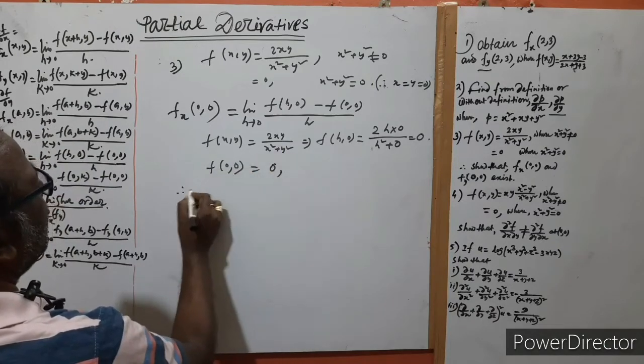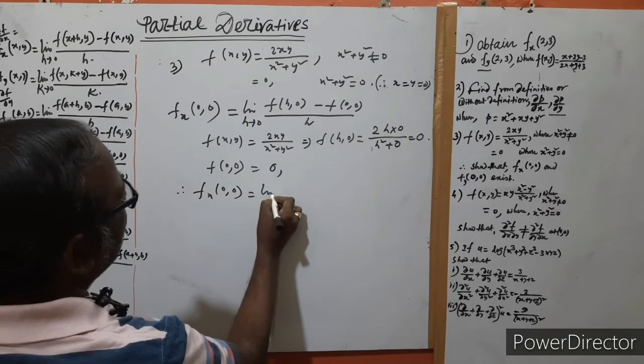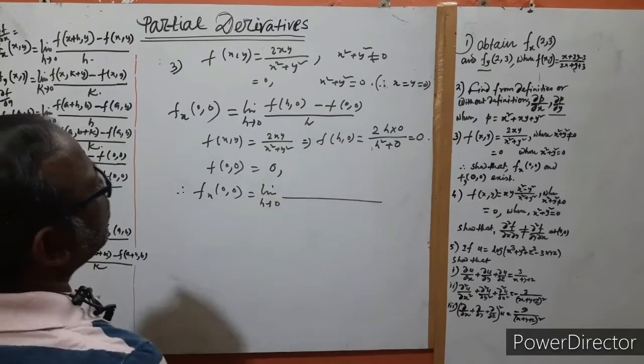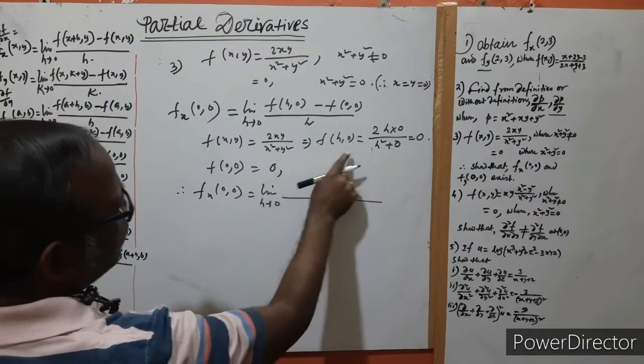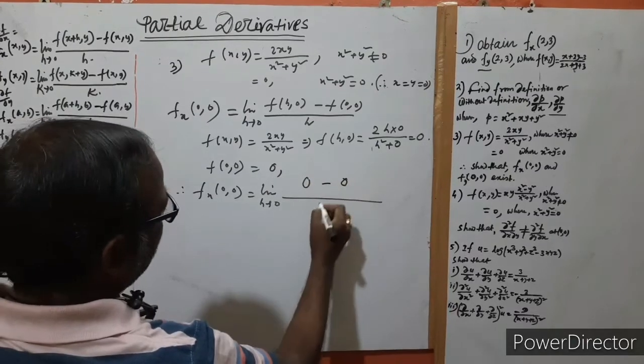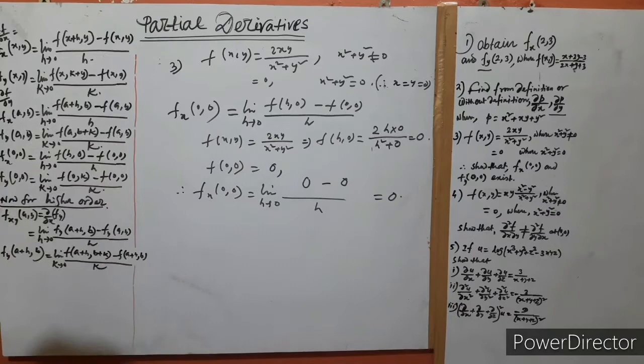Therefore f_x at (0, 0) is the limit as h tends to 0 of [f(h, 0) − f(0, 0)]/h. The value of f(h, 0) is 0, and f(0, 0) is 0, so it is 0/h, and this is equal to 0.